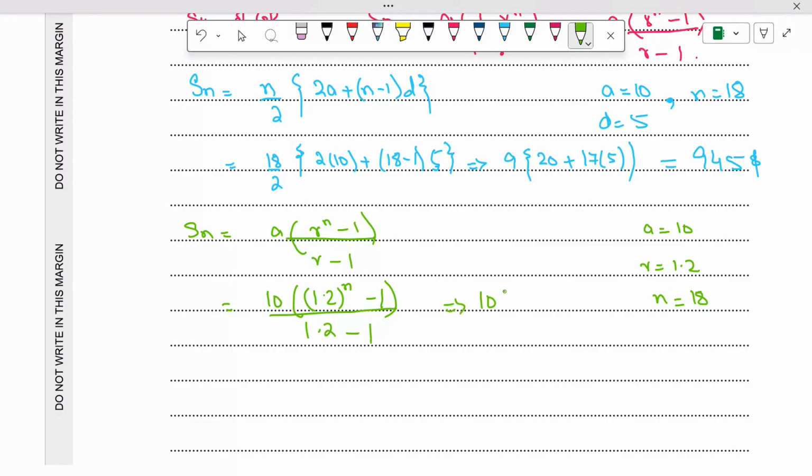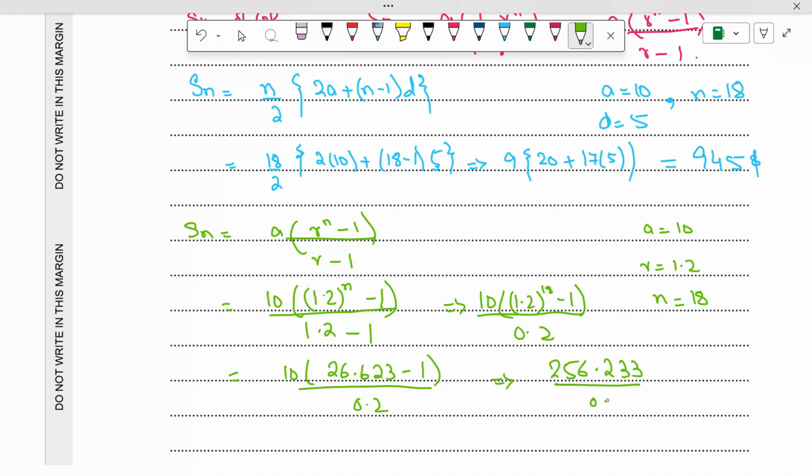So 10 times 1.2 to the power of 18 minus 1 over 0.2, and 1.2 to the power of 18 is 26.623, minus 1, over 0.2, and this is equal to 256.233 over 0.2.